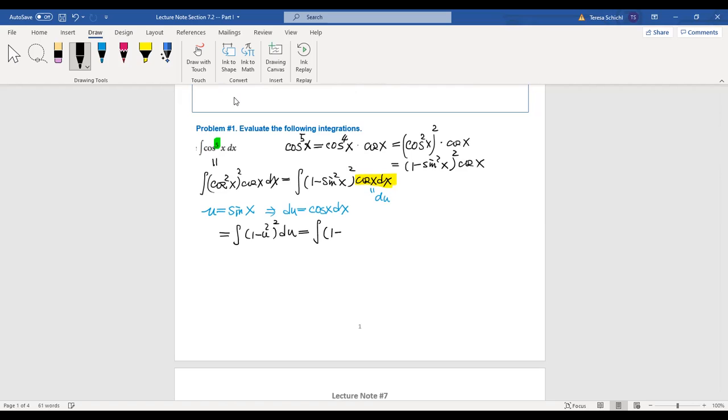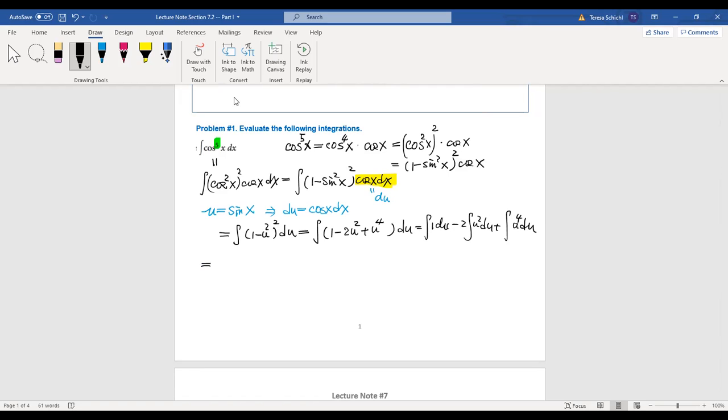So this is 1 minus 2u squared plus u fourth, right? So you FOIL it with du, and then this is a very easy integration. If you want, you can separate it into 3 parts: du minus 2 u squared du plus u fourth du.